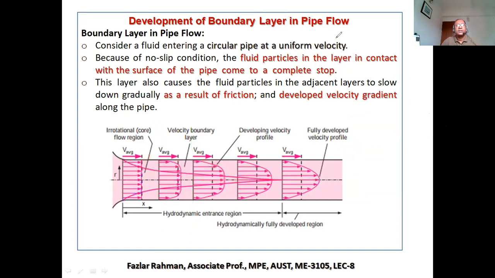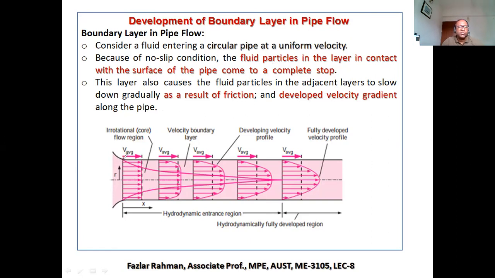So let's see what they like to say. Boundary layer in a pipe flow. Consider a fluid entering a circular pipe at uniform velocity. Because of the no-slip condition, the fluid particle in the layer in contact with the surface of the pipe will be completely stopped. This layer also causes the adjacent fluid layer to slow down.